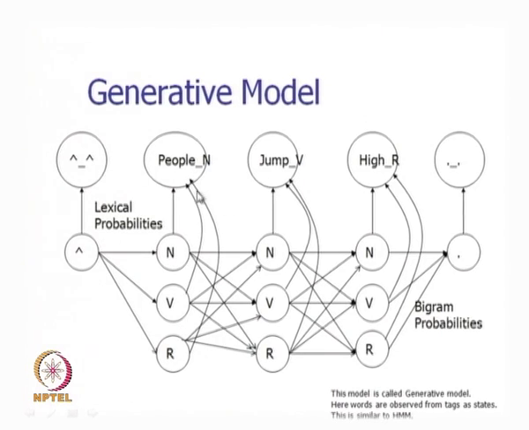These are the lexical probabilities, and the arc probabilities between two tags are called the bigram probability or the transition probability. So, when we make a traversal from hat to dot, we find out for every word a tag, and the tag sequence we get is the best possible tag sequence in the sense of being the highest probability path.